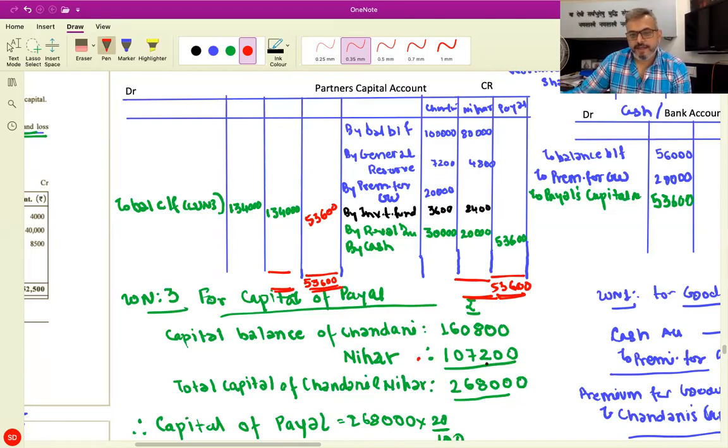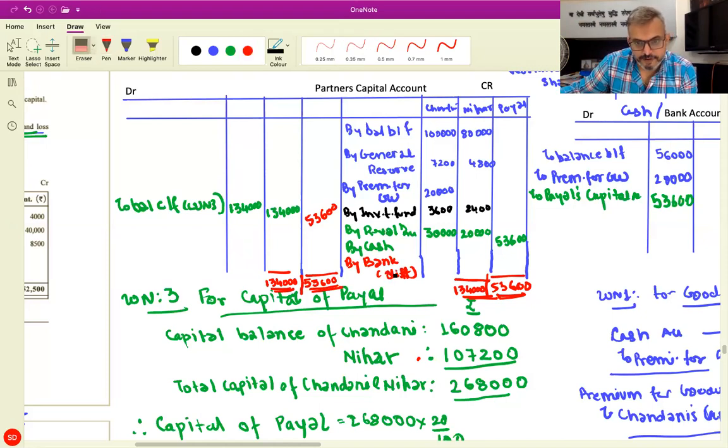So credit side is less and debit side is more. Or you calculate it. So debit side is more. So first we write over here 1,34,000. And the difference will be by cash or bank. So we write bank. Difference or balancing figure. Write in the bracket difference or balancing figure.